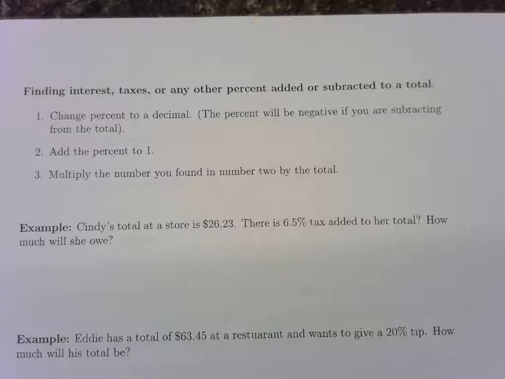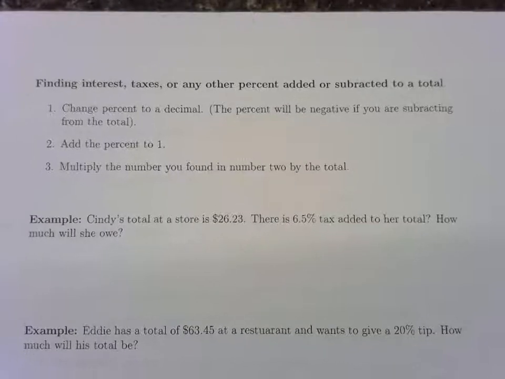So this is any percent added or subtracted to a total. Like if you're tipping at a restaurant, you want to add 20% to your total. So you're adding or subtracting that to the total. Or if a shirt is 75% off, you're going to subtract 75%. It says change the percent to a decimal. We know how to do that.